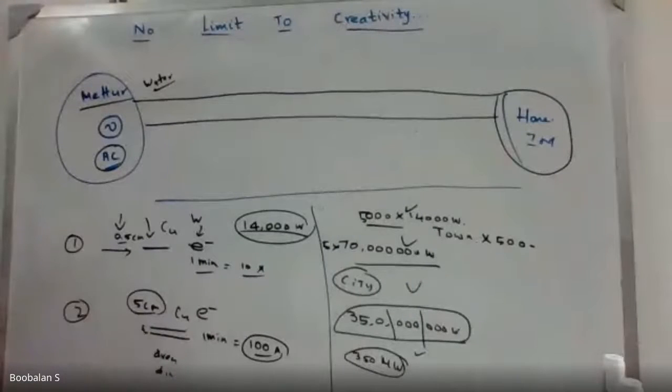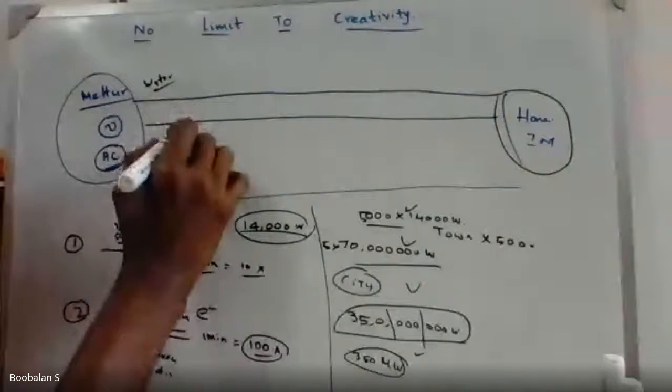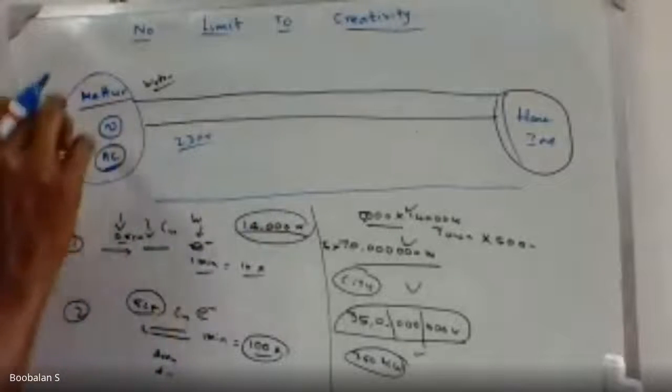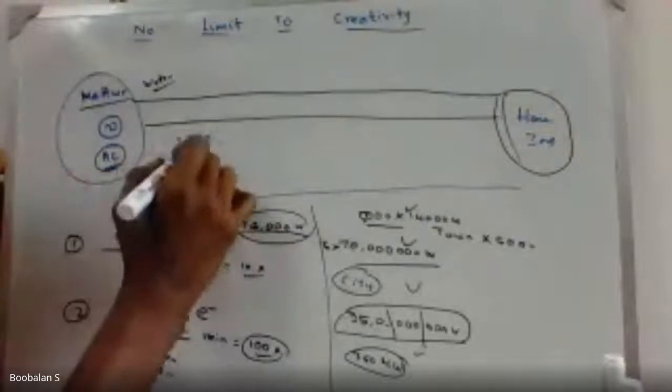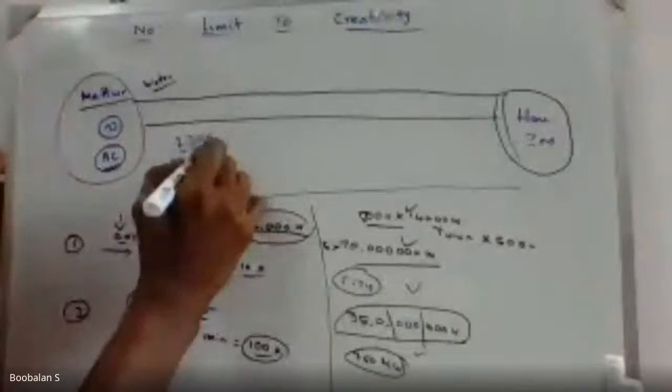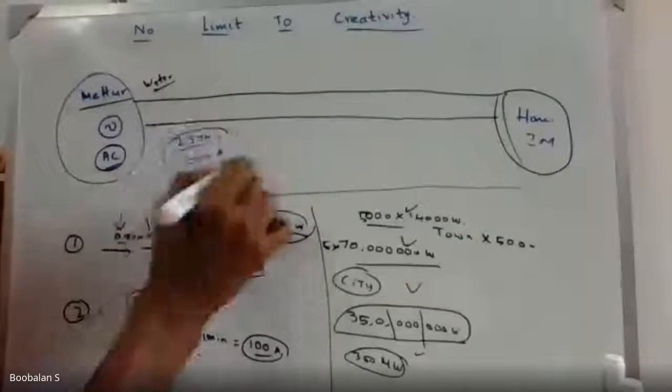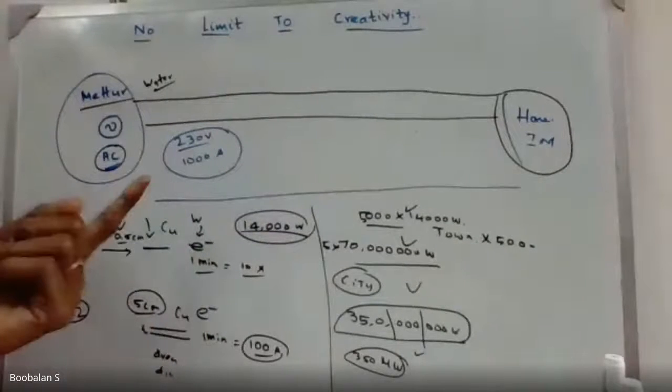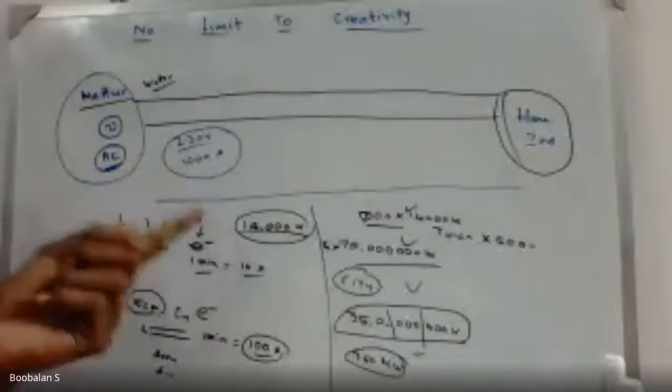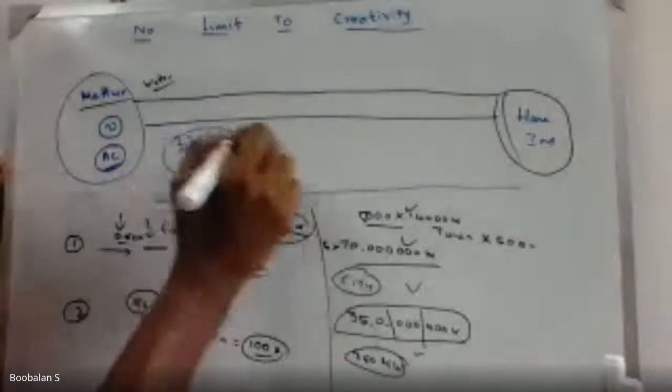I told you that for a small calculation, if you are having 230 voltage generation, for example 230 volt generation and 1000 ampere, for understanding purpose I'm just giving. So 230 volt, 1000 ampere power generation. Multiply both things.